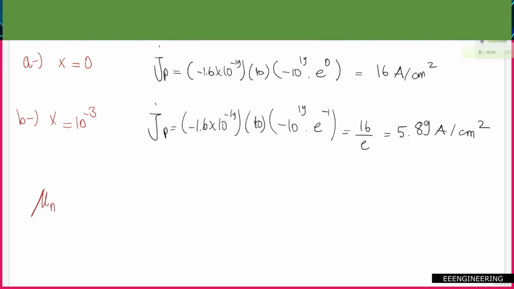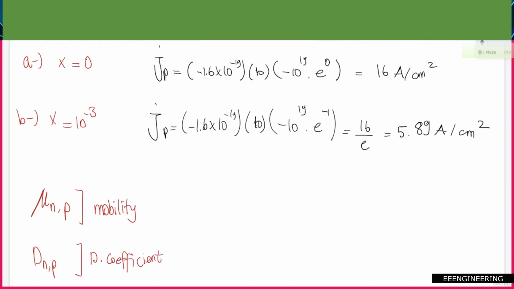This is nu, not M. So nu n and nu p are the mobilities for electrons and holes. And we also have the diffusion coefficients, dN and dP. These are highly related to each other. They are not independent of each other.